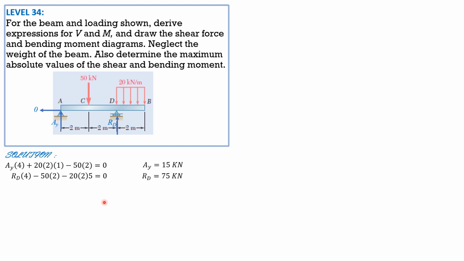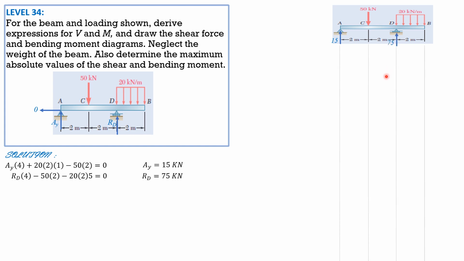So we are now ready to plot the shear moment diagram and write shear moment equations per section. So we have to apply the reaction 15, RD is 75 as shown. Then let's have the sectioning in AC first. Then this is the distance X, free body diagram.